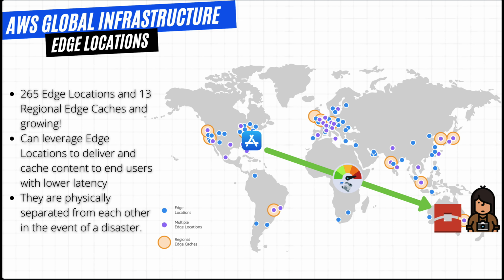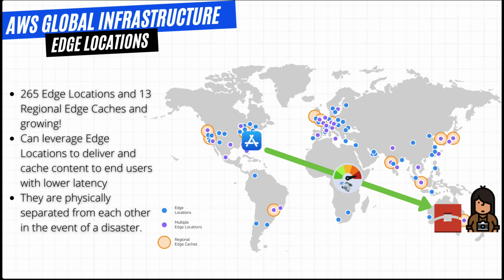Now, we also have what AWS likes to call points of presence or edge locations. AWS has over 265 edge locations and 13 regional edge caches, and it's only growing. We can leverage these edge locations to cache our data and deliver it to our end users with low latency.